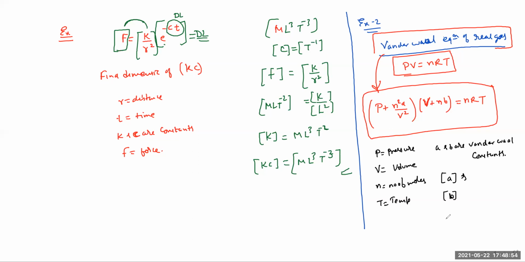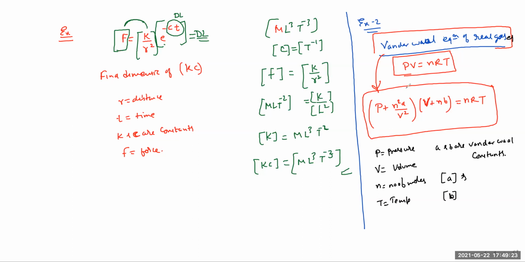It's not very difficult, but it's interesting. Hello, sir. Yes. Sir, please explain again. I was lost somewhere. So this is something called the van der Waals equation of real gases.